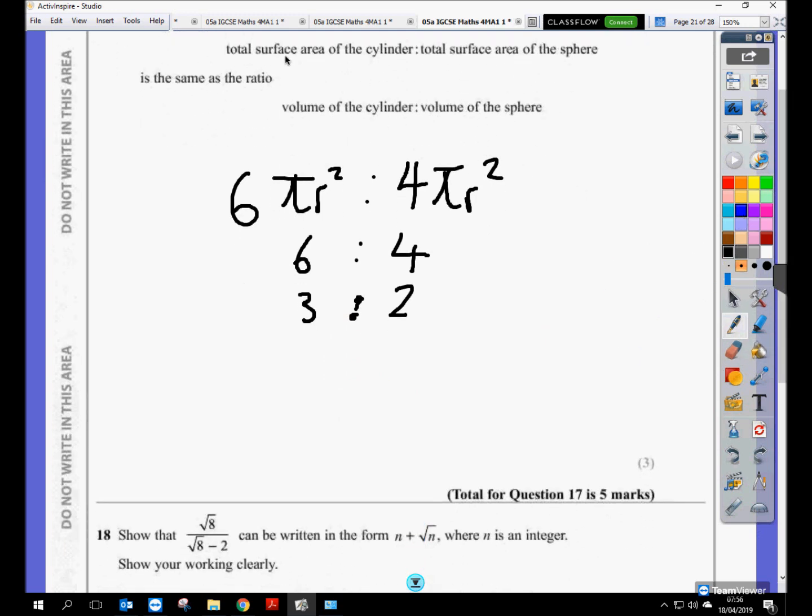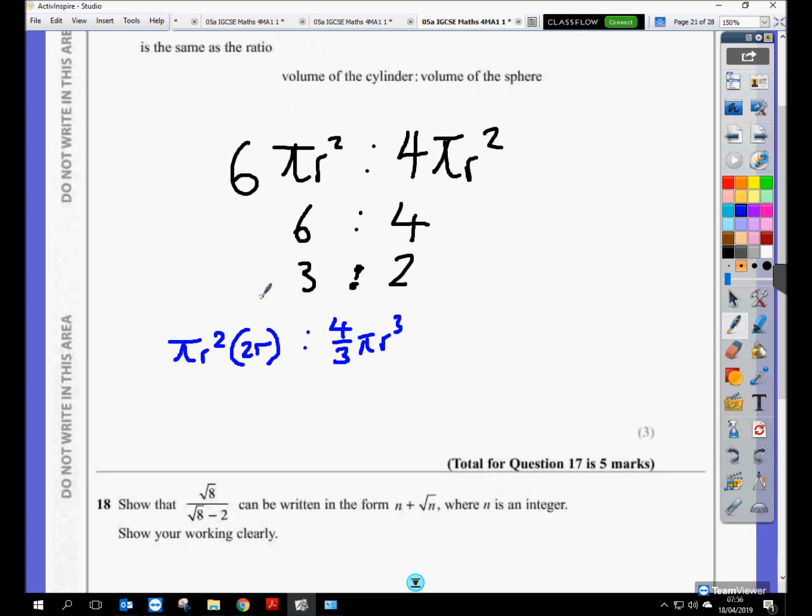Okay. Now what I need to do is show that this is the same as the ratio of the volume of the cylinder to the volume of the sphere. So the volume of a cylinder is pi r squared h. But I know that h is 2r. The volume of a sphere is 4/3 pi r cubed.